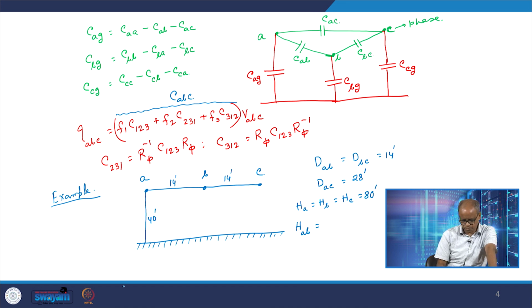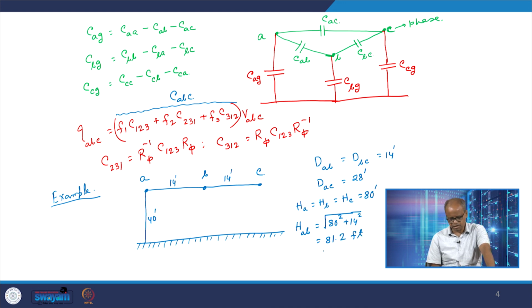By applying Pythagoras theorem, I get the square root of 80 square plus 14 square feet. That turns out to be 81.2, roughly 81.3 feet. And that also would be equal to HBC.